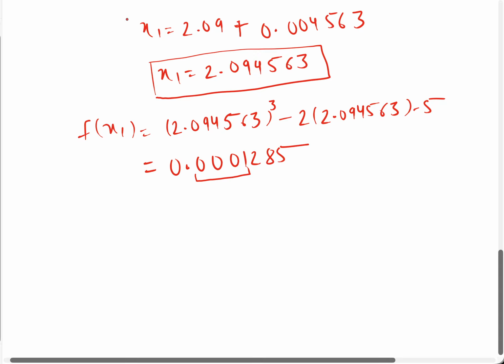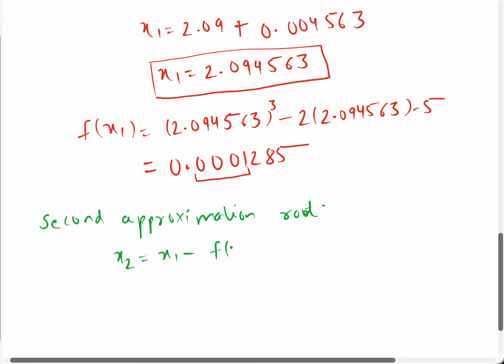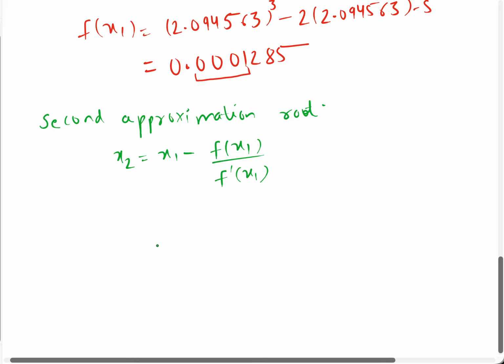But for our confidence, for a more precise answer, I'll do it just one more time. We have got x1 already, so we can find the second approximation root, that will be our x2. So x2 will be x1 minus f(x1) upon f dash(x1).